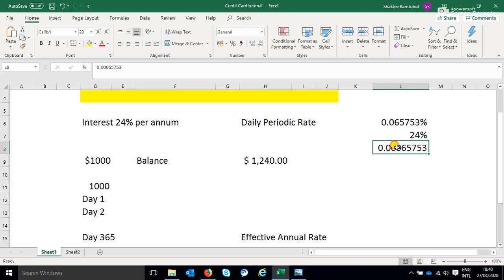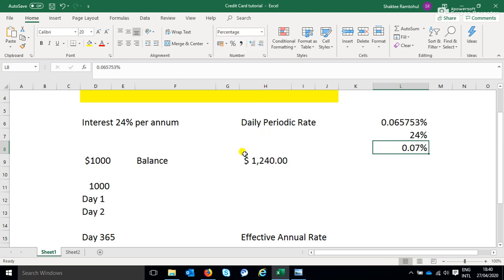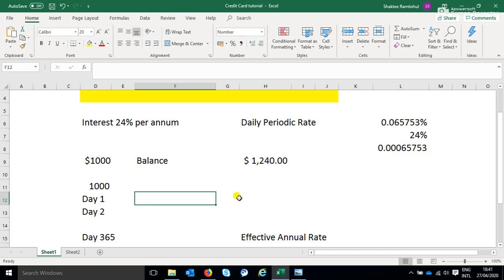Let's convert that into a percentage. Let's increase the decimal places. You see the percentage figure, so it's exactly that amount here. I just want that as the general number.